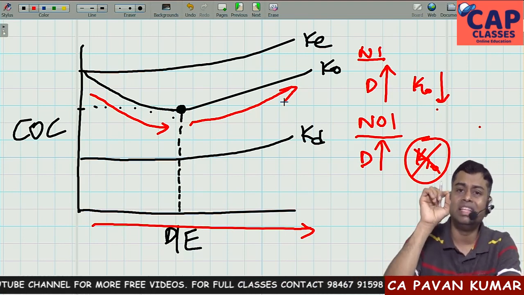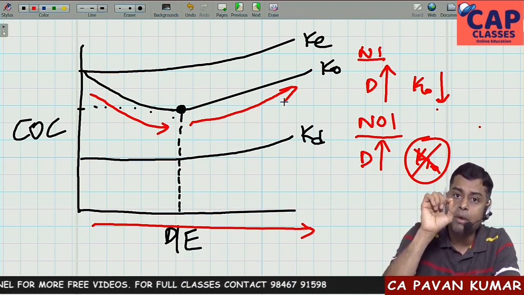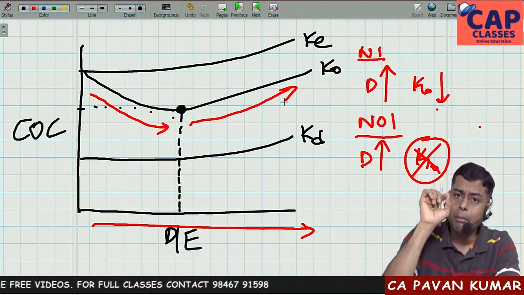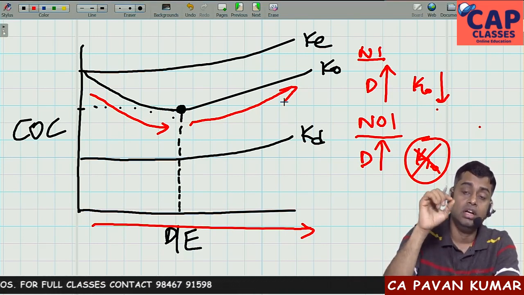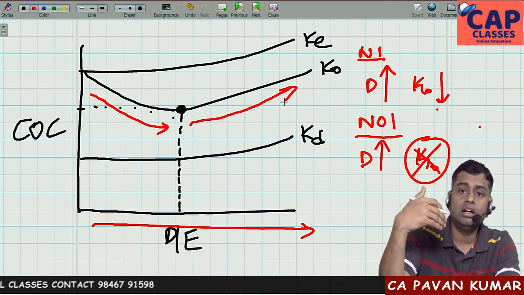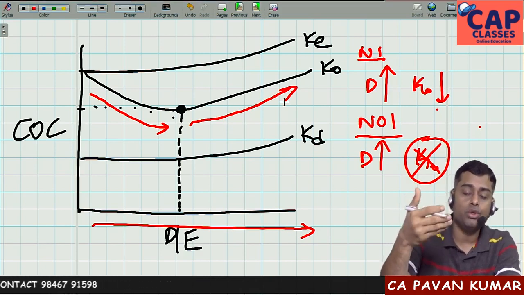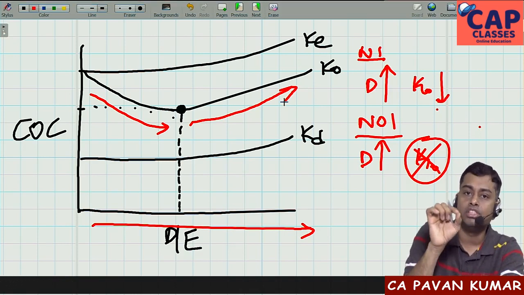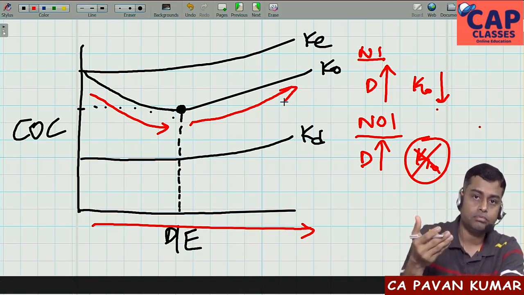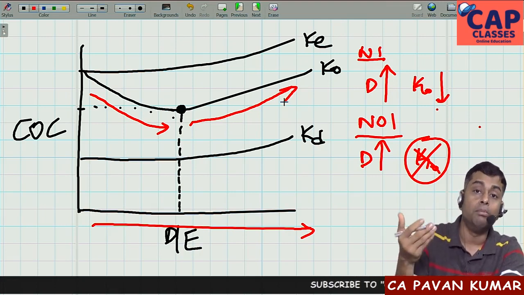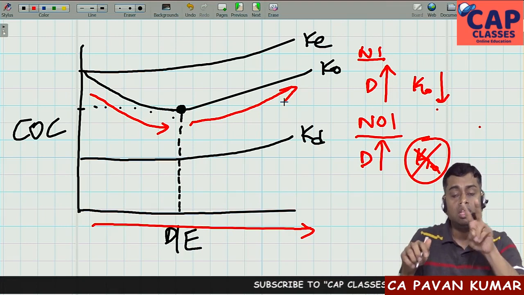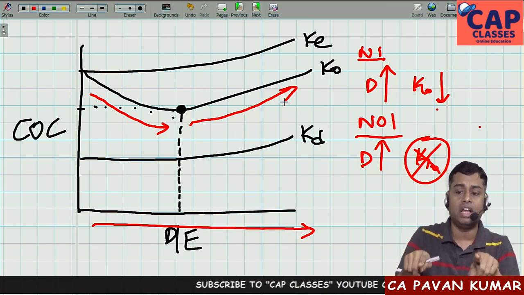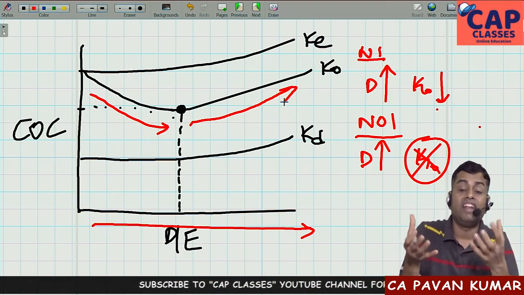Then there is a point called optimum capital structure. Beyond this point, the debenture holder or the lender, the provider of debt finance, feels risk because your company is going to be a highly levered firm. Shareholders will also feel risk because your company is having more and more debt.